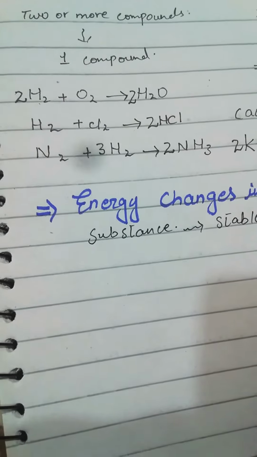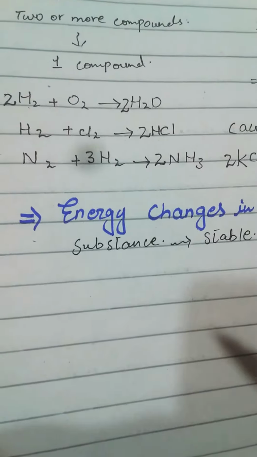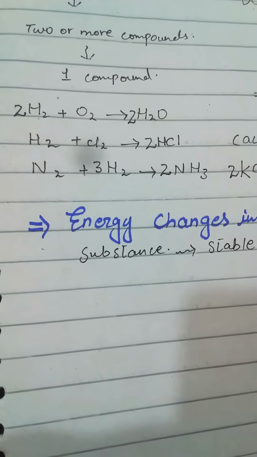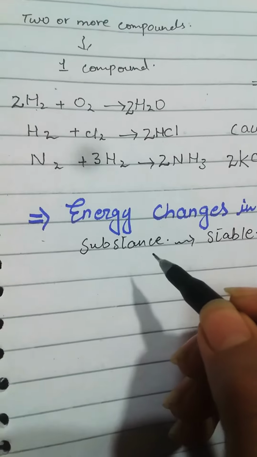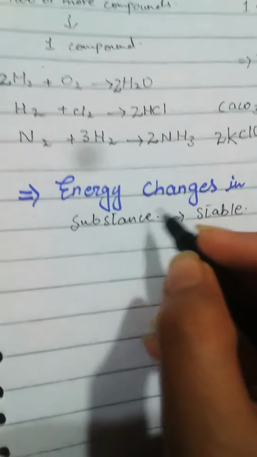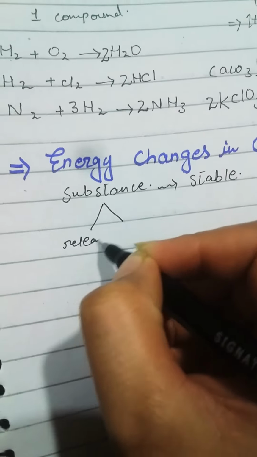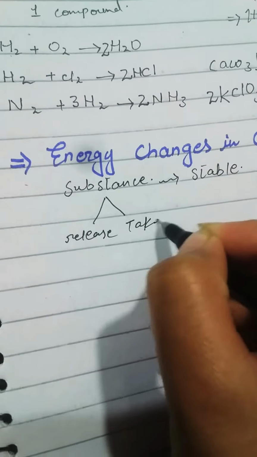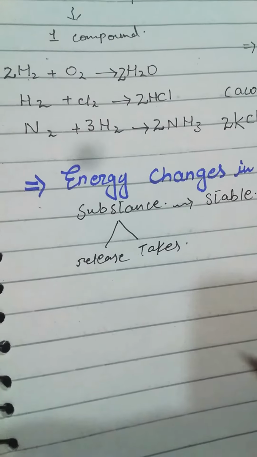A substance needs the energy change to perform a chemical change or a chemical reaction. The energy change in a substance takes place when it releases or takes energy, when it releases energy or when it takes energy, heat or light.